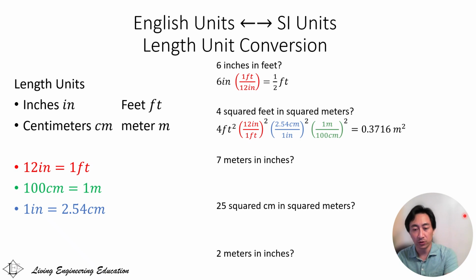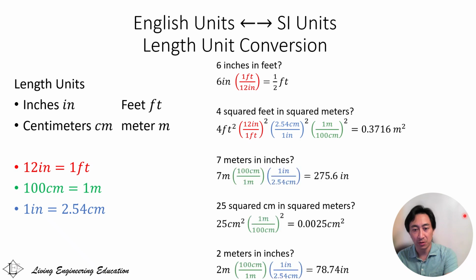Okay, hopefully you solved them or you had a chance to try it. Here's the solutions. From meters to inches, I go from meters to centimeters and then centimeters to inches. That's what's shown here. And just recognize when a unit's in the numerator, you want to put the conversion of that same unit in the denominator to cancel it out. Okay, 25 square centimeters, so I need 1 meter per 100 centimeters quantity squared for the conversion.